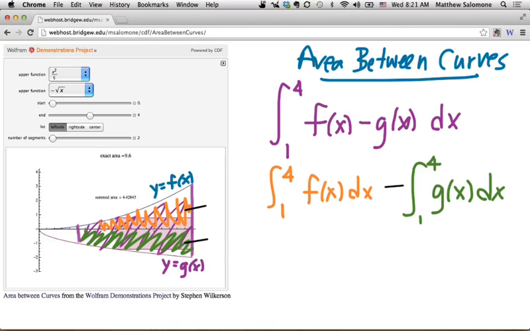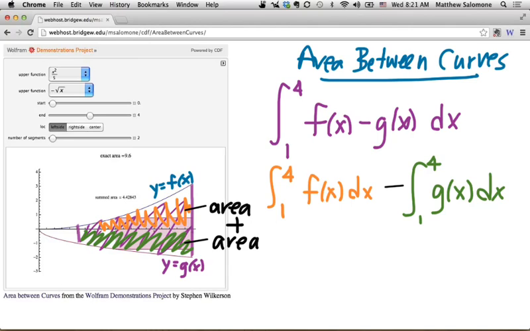It's negative because g of x is underneath the x-axis. So if I'm subtracting that negative area from the area in orange, what am I really doing? I'm really adding. Exactly. So in a sense, what I'm doing with this particular subtraction of two integrals is taking this area and adding it to that area, which is exactly what we want, because it just so happens that the green area here is negative.